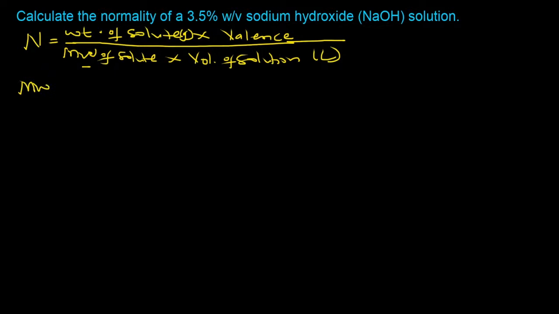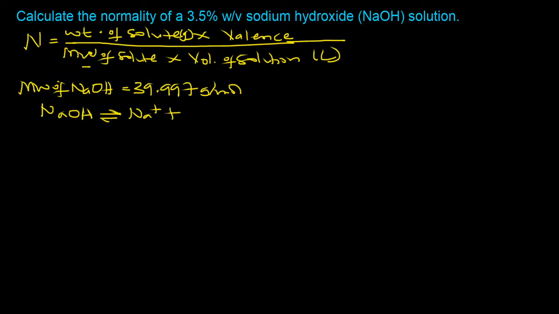Now the molecular weight of sodium hydroxide is actually giving us 39.997 gram per mole, or approximately 40 grams per mole. And the valence, when you take sodium hydroxide and it dissociates in an aqueous environment, you have a sodium cation and a hydroxide anion.